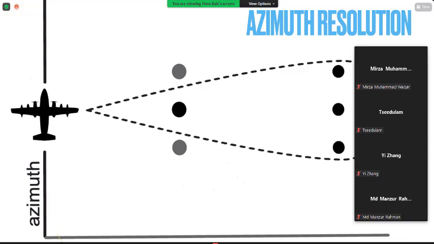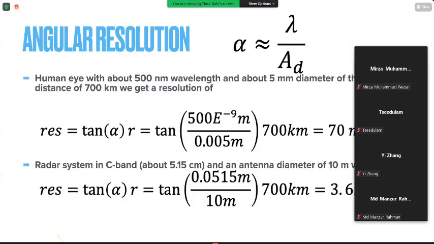So in this case, if we are very close to our radar, here to our airplane, we can separate that black point from the two gray points. But if we are further away, we couldn't separate these three points from each other because they would be in the same lobe. So it's the angular resolution that is important here.